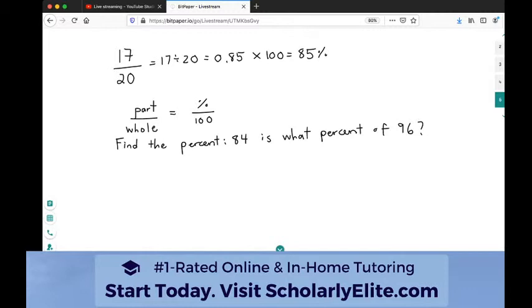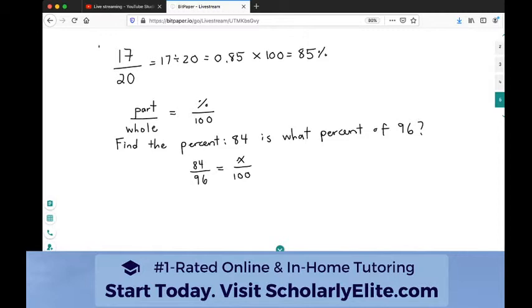You would say, well, the part is 84, the whole is 96, which means that the percent is unknown, and the percent is always over 100. So it's going to be like this. 84 over 96 equals some unknown variable x over 100. And then you can go ahead and solve for that.